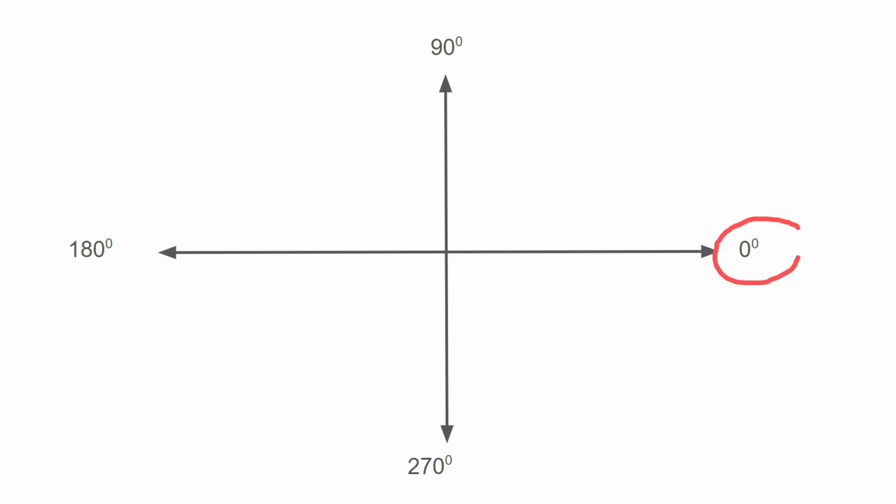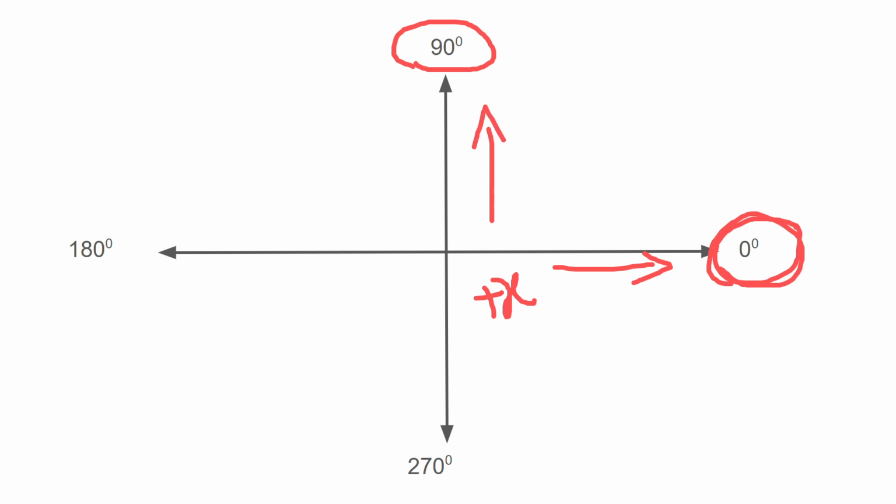these are the angles AutoCAD will consider when we are drawing diagrams. You see, this is the positive x direction. When you are moving in the positive x direction, AutoCAD will consider it as 0 degrees, and when you are moving in the positive y direction or y axis, AutoCAD considers it as 90 degrees.